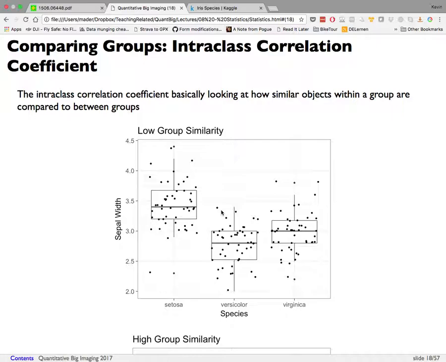Because each time you measure it, you probably look at your ruler a little bit differently. You probably put it at a slightly different part of the leaf. And so if you want that to be reproducible, you need to make sure you've done that measurement a number of different times and you're comparing flower A to flower B. And they don't even need to be different species. You just need to show that that value is smaller than the variation between the groups that you're looking at.